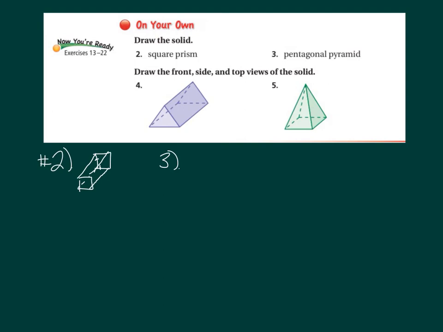But pentagonal pyramids, those are a little bit easier. All I need to do is draw the basic shape. A pentagon has 5 sides, so I need to make sure I have a pentagon. And then I'm going to draw my vertex up above. So let's say this is my vertex. Then I connect my faces that are hidden. So this would be hidden.